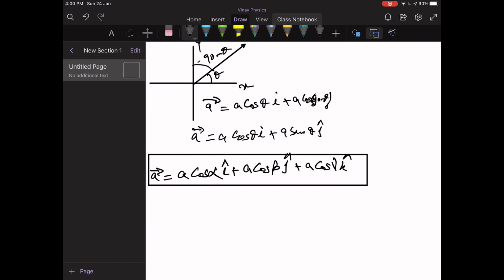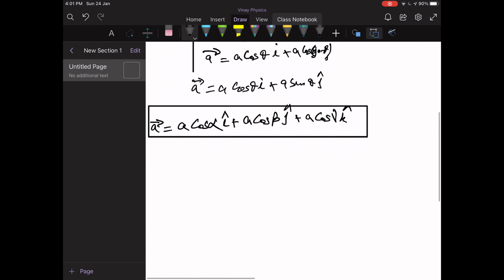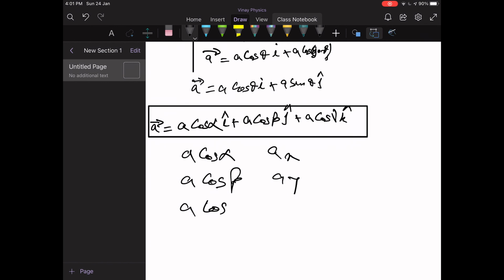Now once we have this, we can do some interesting things. For example, if we had to add 2 vectors, we could just add their i, j, k components. So let's say for simplicity's sake, we write A cos alpha as Ax, which is the component across x axis, A cos beta as Ay, and A cos gamma as Az.